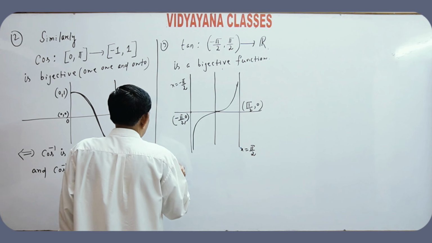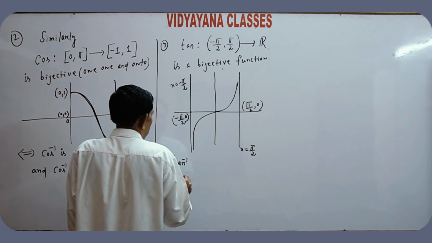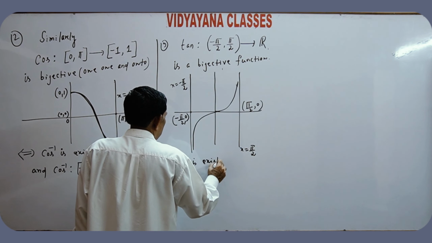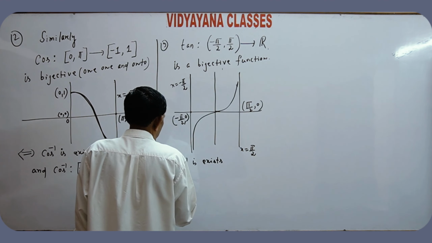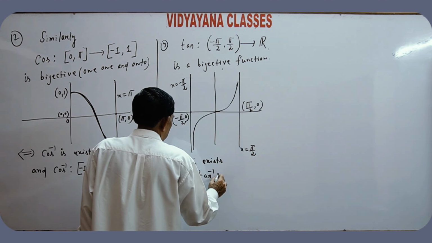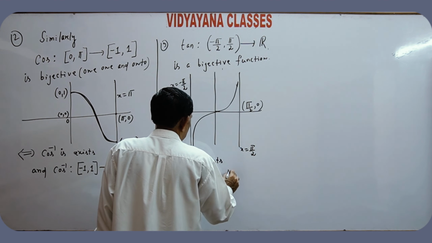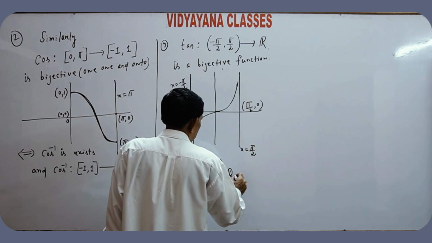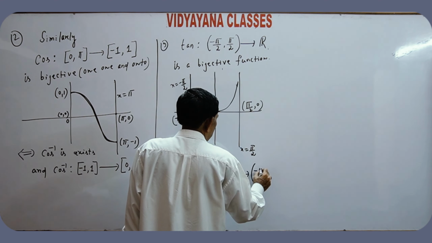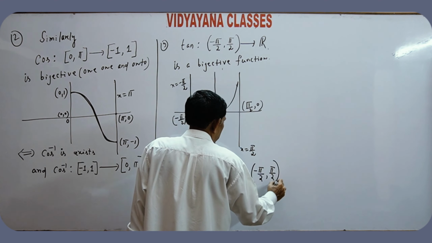So tan inverse x exists, and tan inverse is from the set of real numbers to the open interval (-pi by 2, pi by 2).